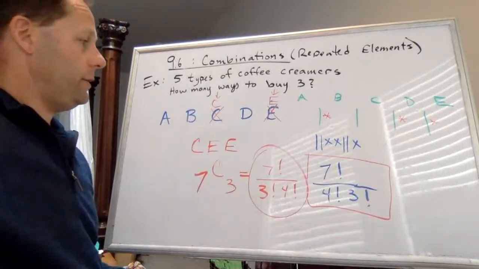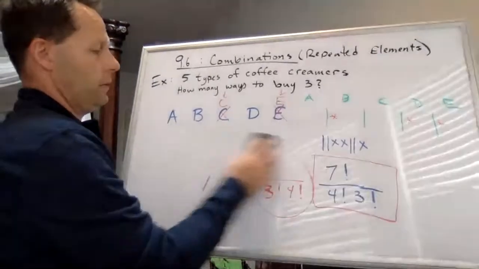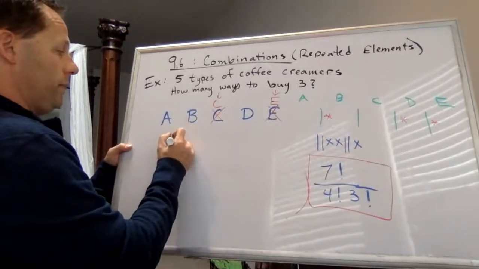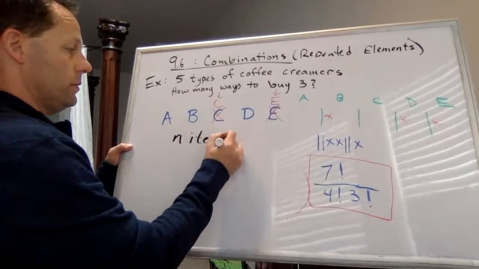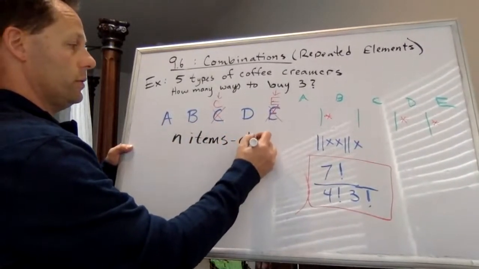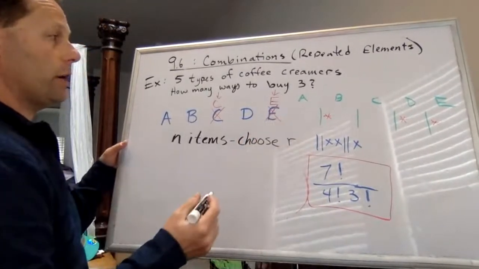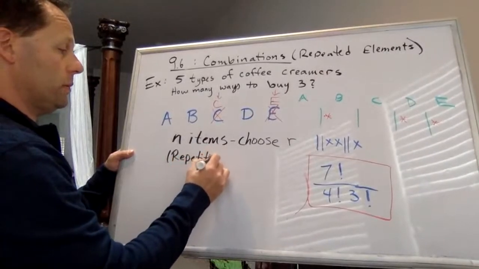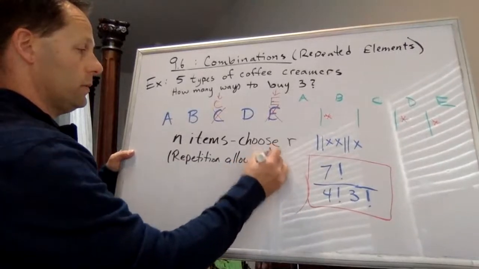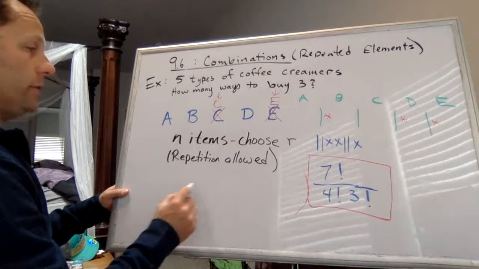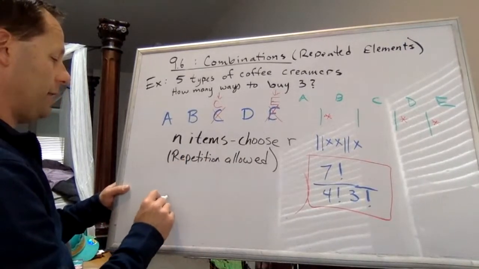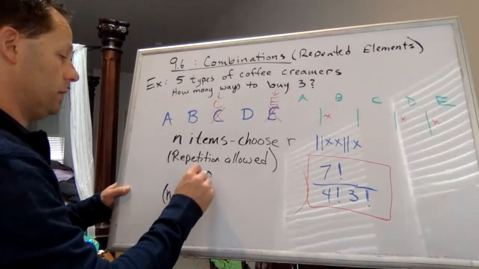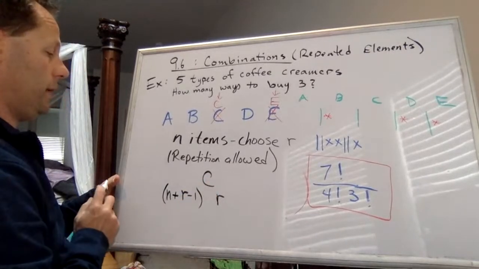Now, if I erase this formula here, if I have n items, and we're going to choose groups of size r, so we had 5 items, choosing groups of size 3, with repetition allowed, then what I'd have to do is use that combination counting feature, but I would have to do n plus r minus 1 C r.